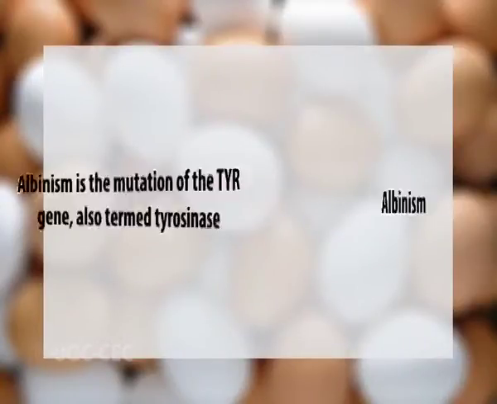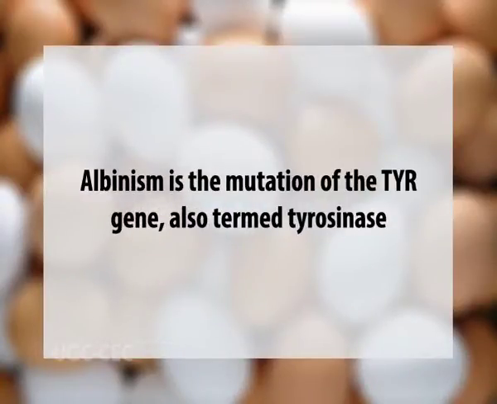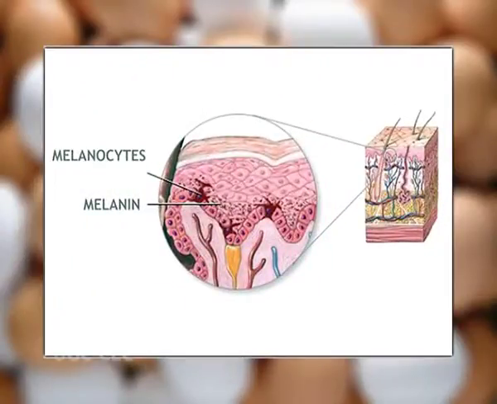Examples of pleiotropy: albinism. Albinism is the mutation of the tyrosinase gene. This mutation causes the most common form of albinism. The mutation alters the production of melanin, which affects traits all throughout the organism.